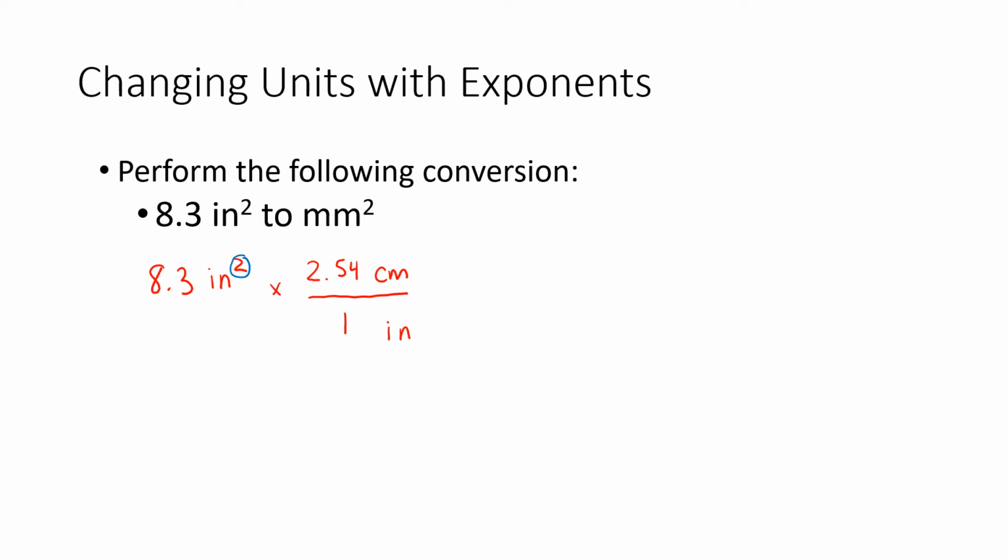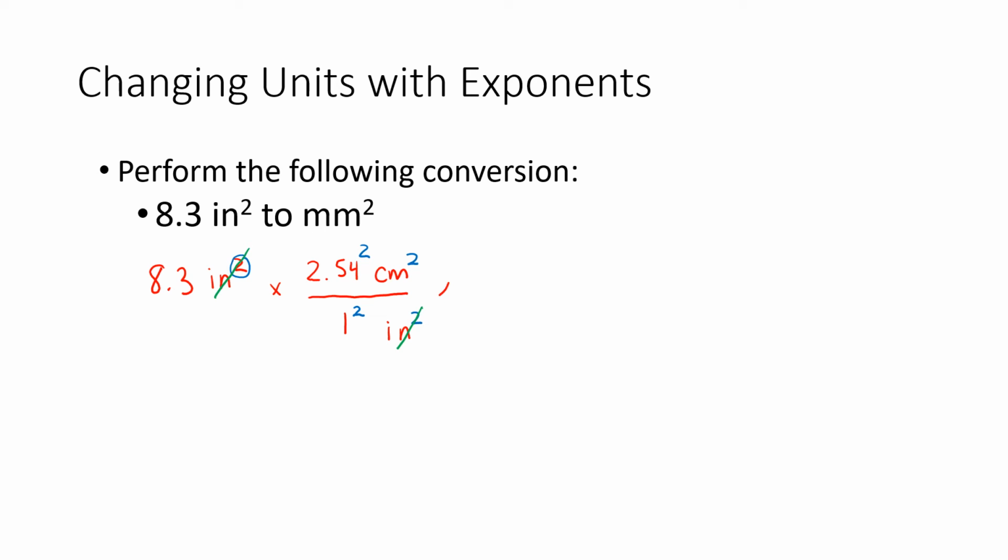So we need to square our units, but when we square our units, we also have to square the numbers associated with those units. So 2.54 squared centimeters squared is equal to 1 squared inch squared. Now when our units go to cancel, we can cancel inches squared on the top and the bottom.